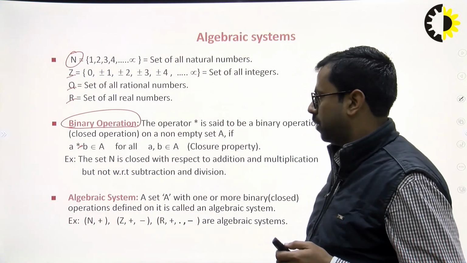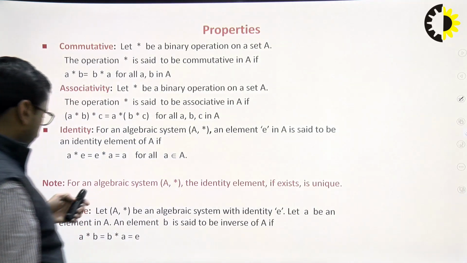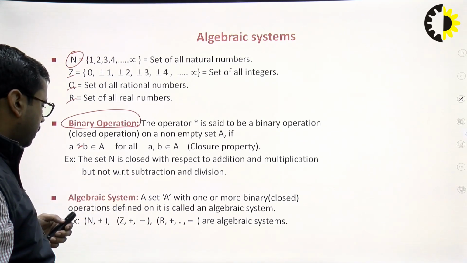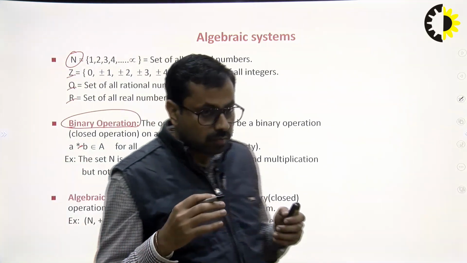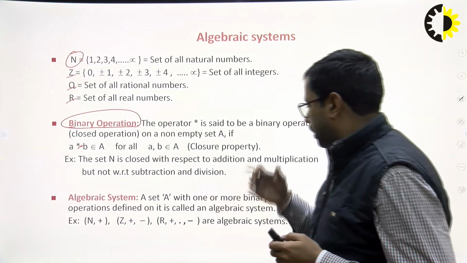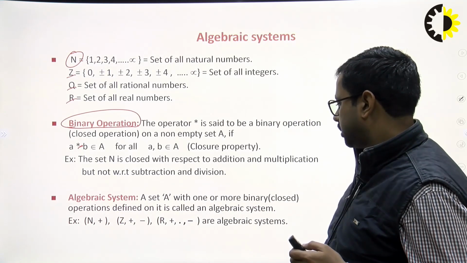This is known as the binary operation. There are some properties that we want to discuss earlier. What is an algebraic system? An algebraic system is a system which contains some features and some rules and regulations that will be mentioned in the next slides.